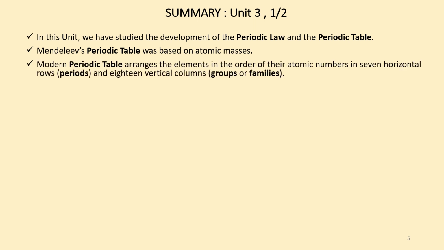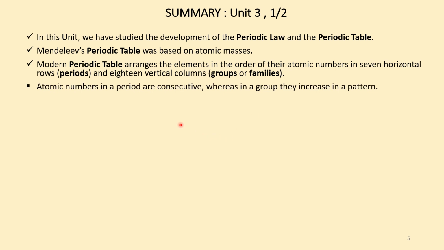Modern periodic table arranges elements in the order of their atomic numbers in 7 horizontal rows, that is periods, and 18 vertical columns called groups or families. Atomic numbers in a period are consecutive, whereas in a group they increase in a pattern.